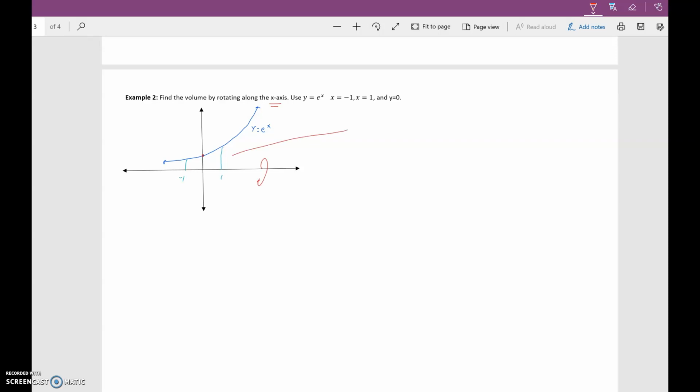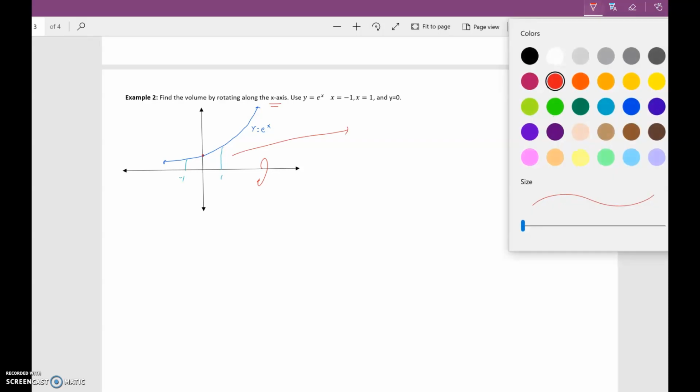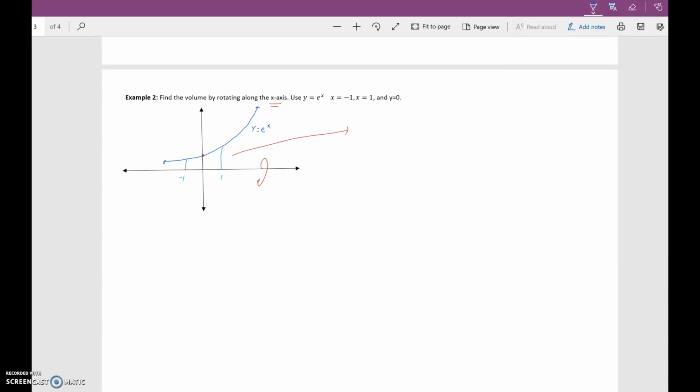So let me attempt to create this solid. This solid is going to have this sort of a shape, not to scale obviously.